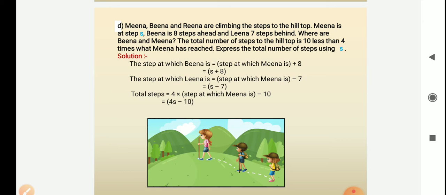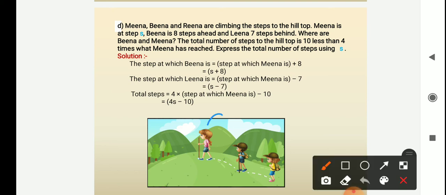Now see students, here are the 3 girls shown. These 3 girls, Meena, Beena and Leena, are climbing the steps to the hilltop. Meena is at step S and Beena is 8 steps ahead. Means here at first who is there?